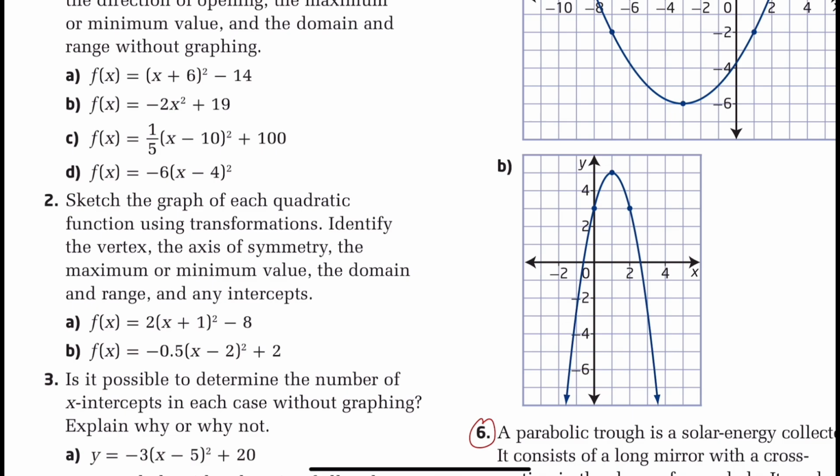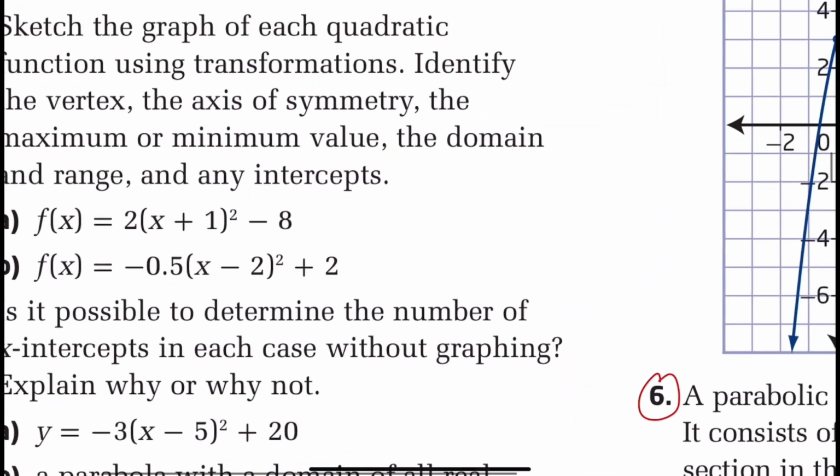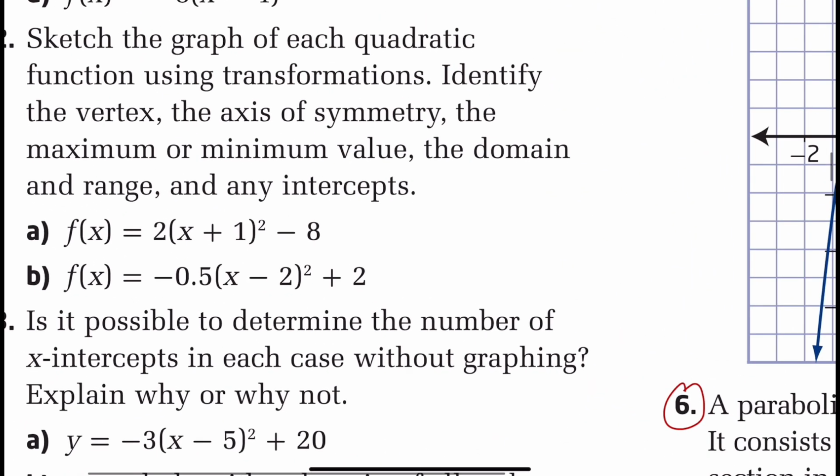So for this equation, our a is equal to 2. Our p is -1. Our q is -8.